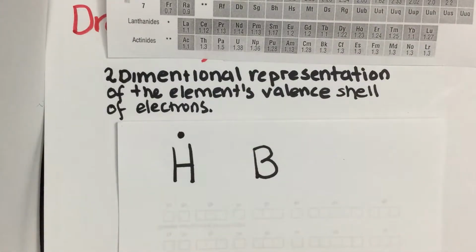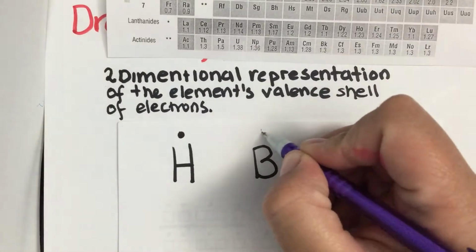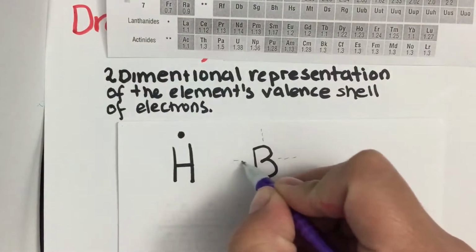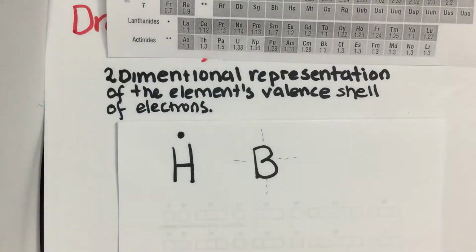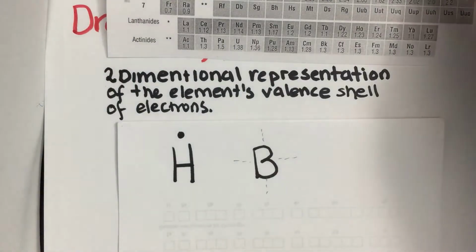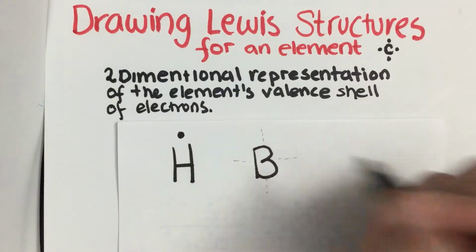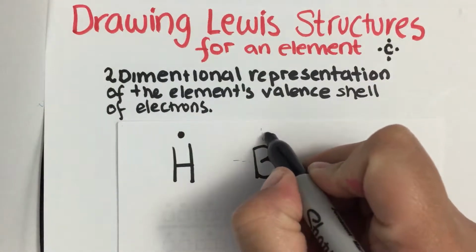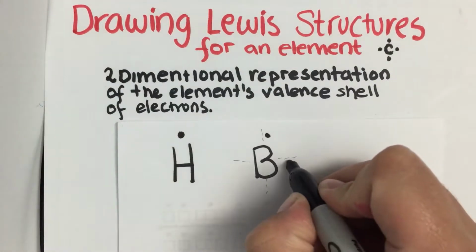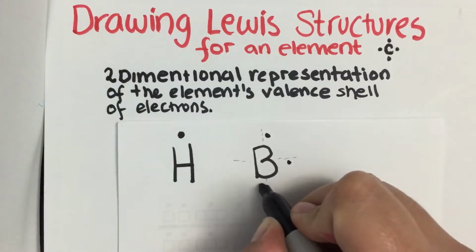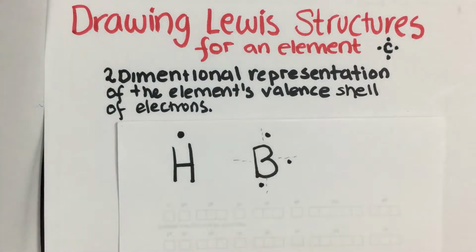We're going to draw an imaginary Cartesian plane, and we're going to distribute those electrons evenly around the boron. So 1, 2, and 3. Then you erase the Cartesian plane.